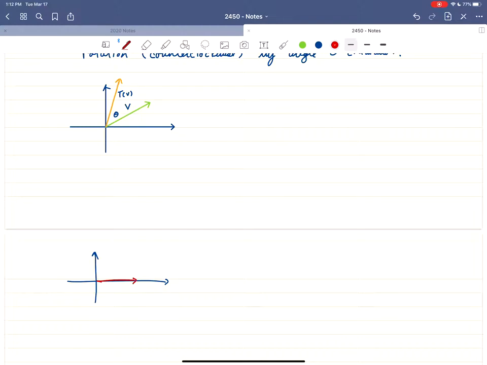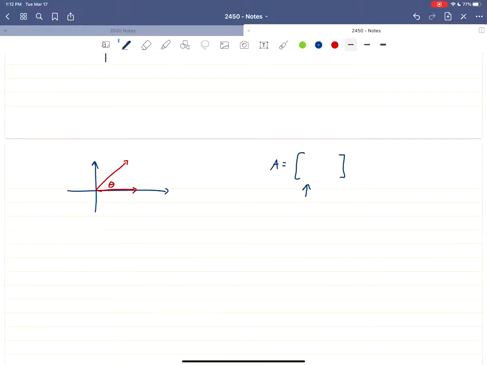So let's take our vector (1, 0) and whatever our angle theta is, and figure out this new output vector. Whatever that new output vector is, that's going to be the first column of our matrix.